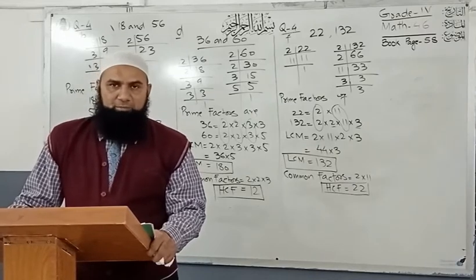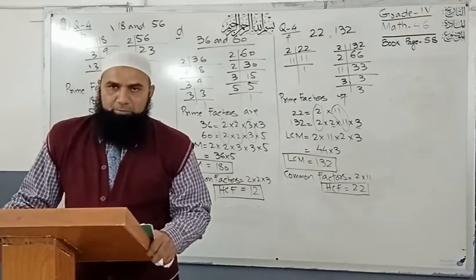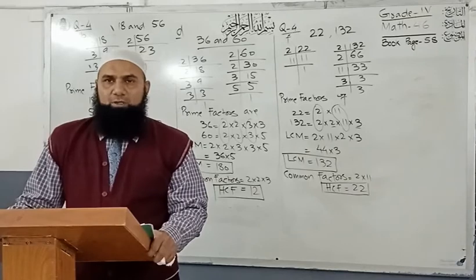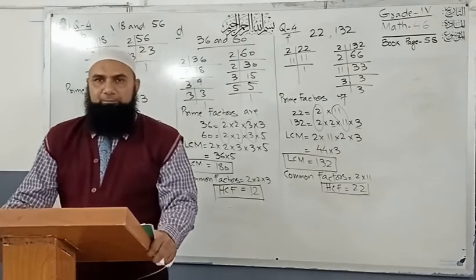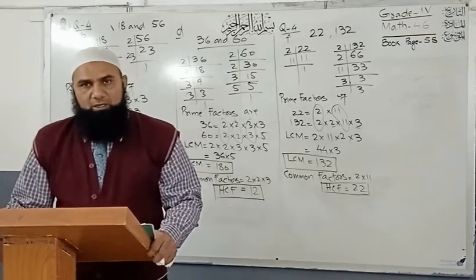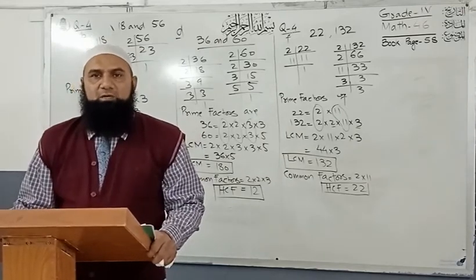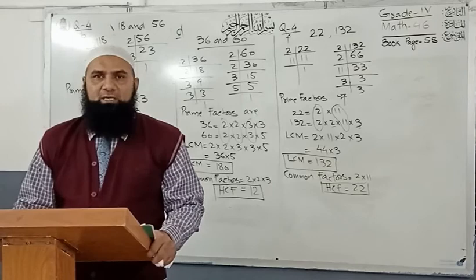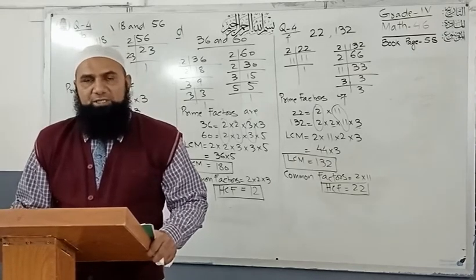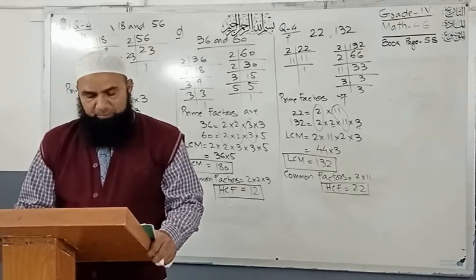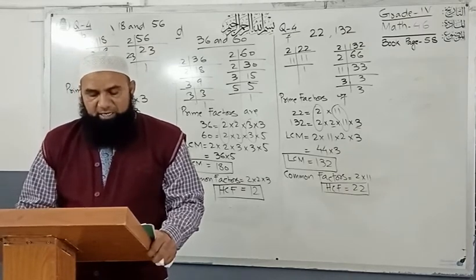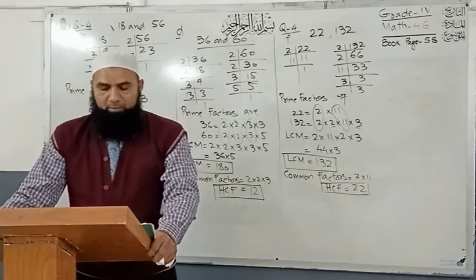So keep in your mind that the product of two numbers is always equal to the product of their HCF, highest common factor, and LCM, least common multiple. Okay. In question number 5, we will check this divisibility.